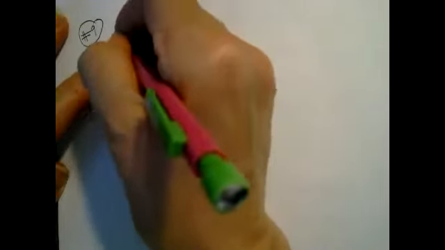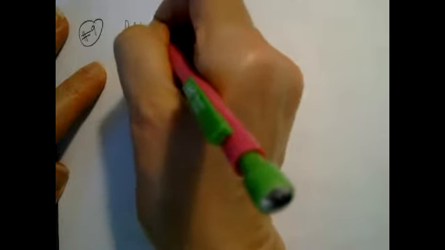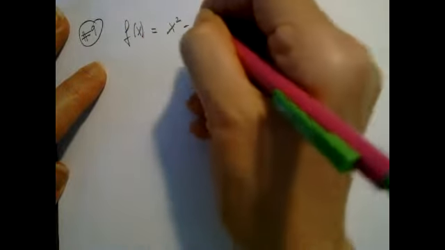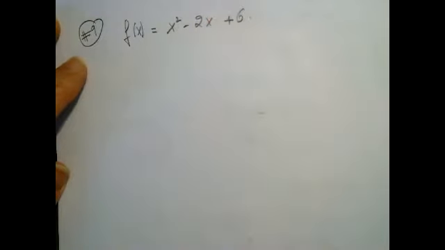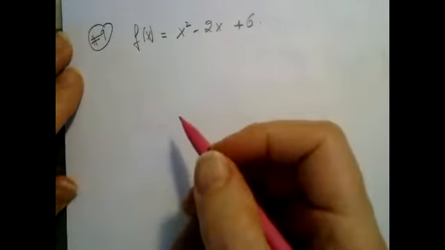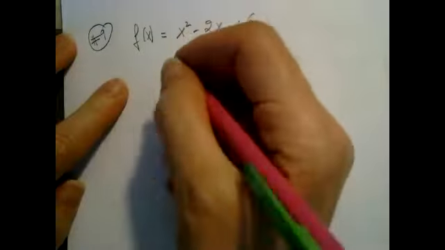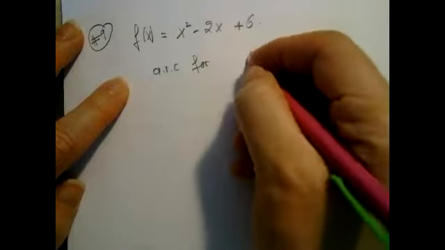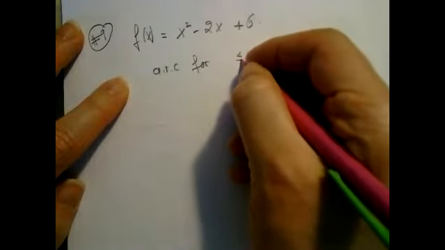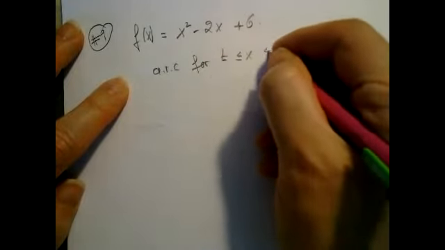And I have the function f of x equals x squared minus 2x plus 6, and the question is to find the average rate of change for x between t and t plus h.